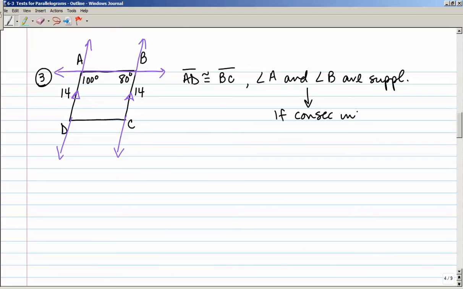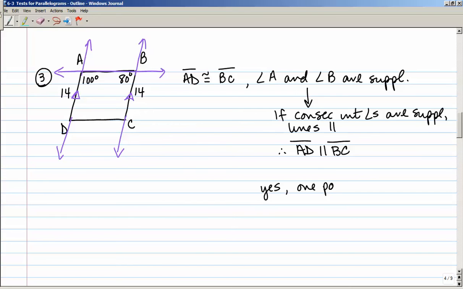So not only are AD and BC congruent to each other, they are also parallel to each other, and so yes, this is a parallelogram because one pair of opposite sides is both parallel and congruent.